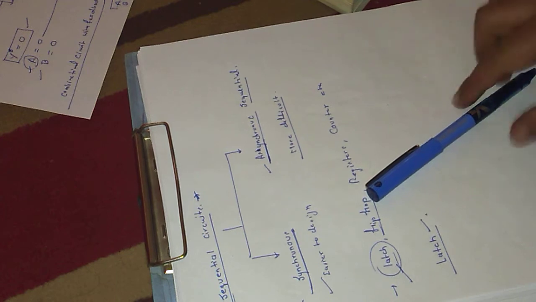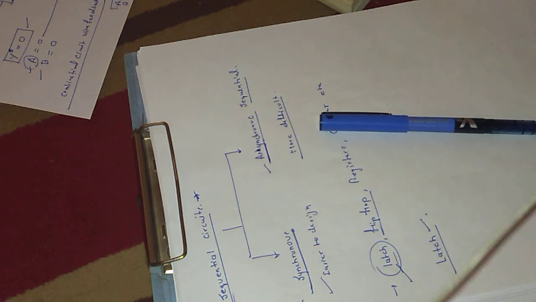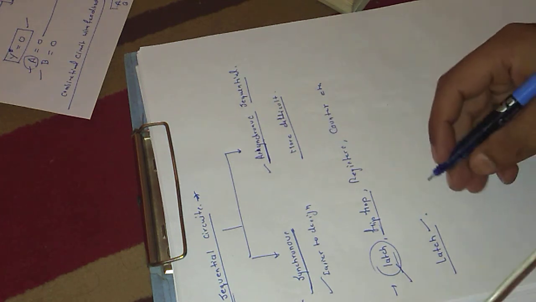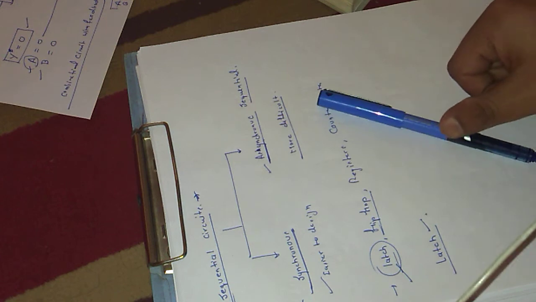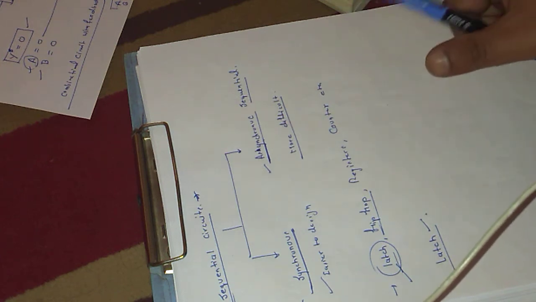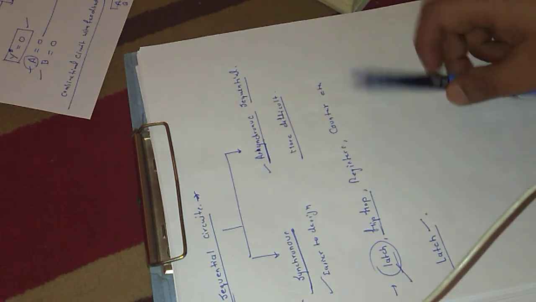Even though a logic gate by itself has no storage capability, several logic gates can be connected together in ways that permit information to be stored. So basically there are different types of arrangements for these particular latches and flip-flops.